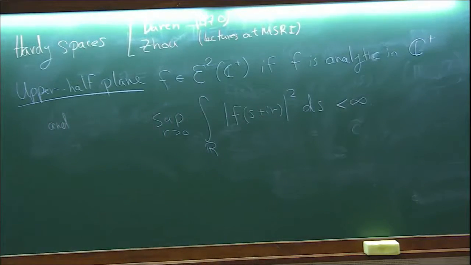So it's an analytic function in the upper half plane that has some sort of uniform bound on L2 norms along lines. I look at my function up there, take the L2 norm, and that has to be uniformly bounded.